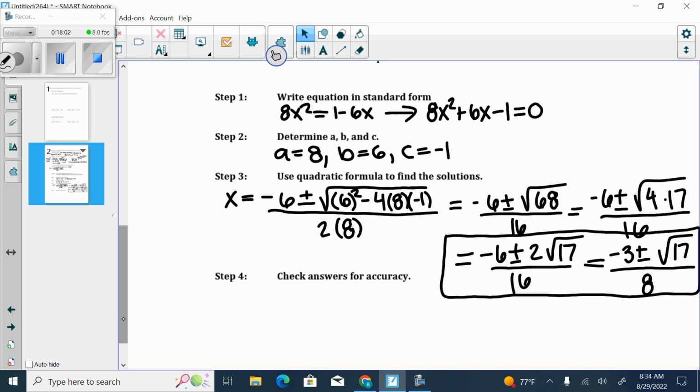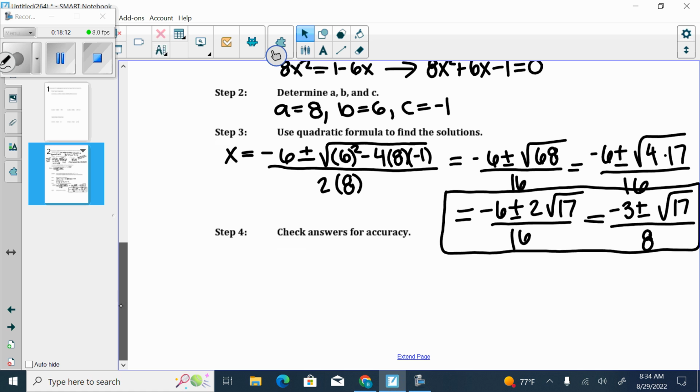Now, if your answers are decimals, remember we can write this in decimal form by typing these terms into our graphing calculator, right? But remember, you're going to have to type it in twice, one with the plus sign in it, one with the minus sign in it. So if I was in my graphing calculator, I would do alpha y equals enter. Give it that fraction. Alpha y equals enter.